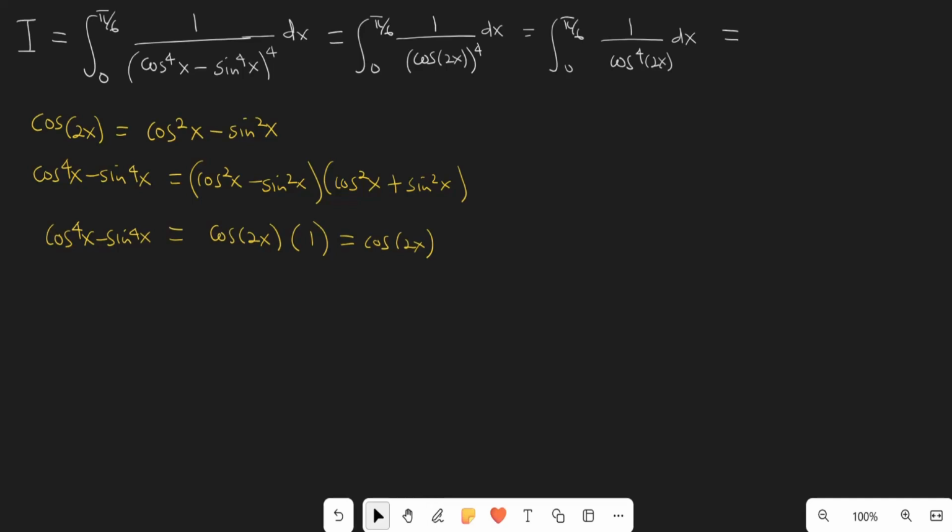So 1 over cosine to the 4th power of 2x is the integral from 0 to pi over 6 of secant to the 4th power of 2x dx. So our integral just reduces to the secant to the 4th power of 2x dx. I'm just going to write that here and then we can deal with that. Integral from 0 to pi over 6 of secant to the 4th power of 2x dx.